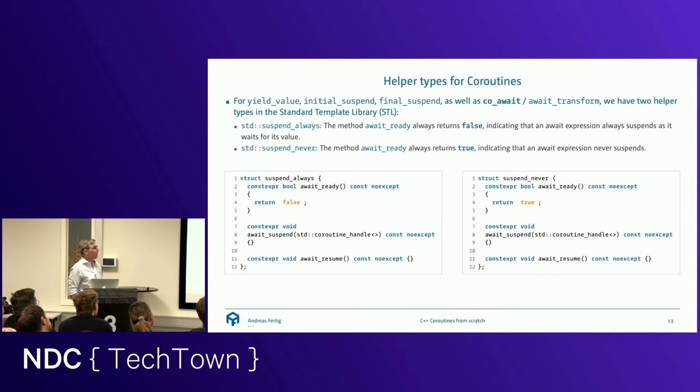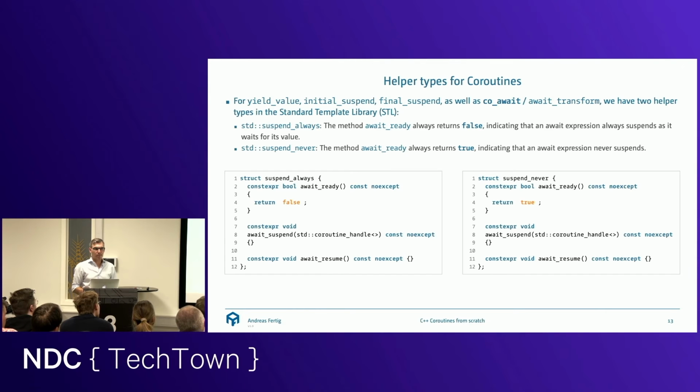Usually we use the functions in the standard library, but we will also see that I sometimes implement them myself or modify them. The only difference between suspend_always and suspend_never is practically that suspend_always in await_ready returns false, and in suspend_never it returns true. Okay, so that's the difference. Everything else is empty because it's a default implementation and there's nothing sensible to do here.